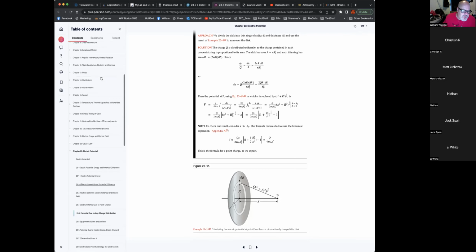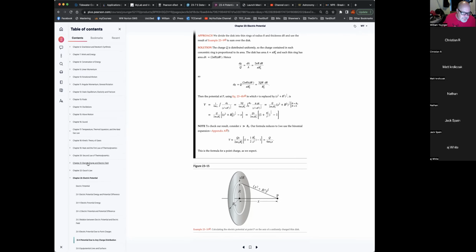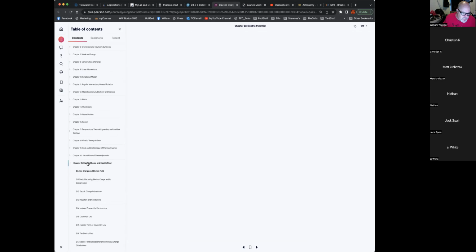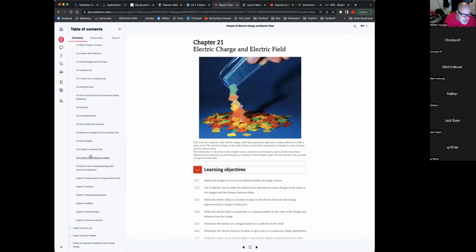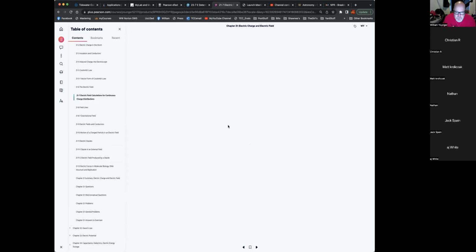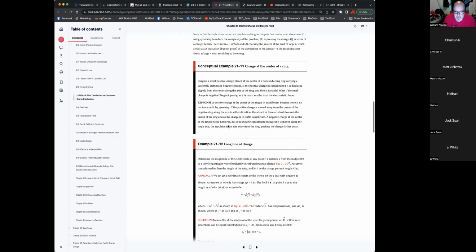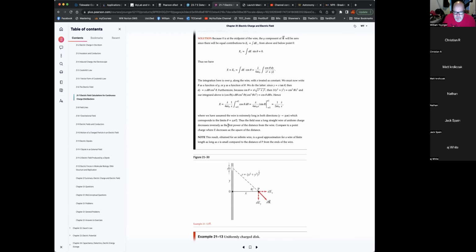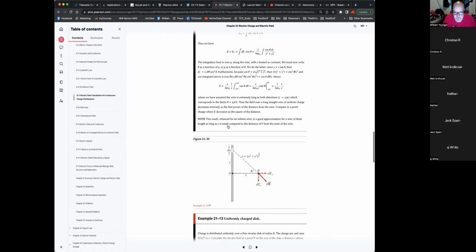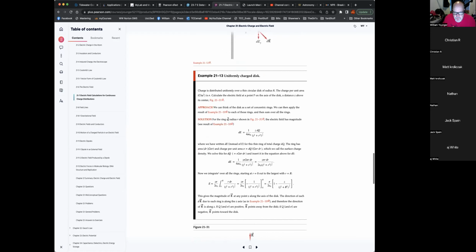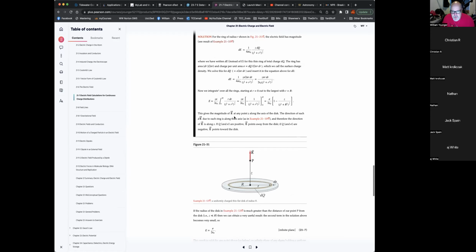Well, I can go back to chapter 21 again and go to my continuous charge distributions, which is there it is. Scroll down to this section. There's the ring we did a second ago. And here is the infinite, uniformly charged disk. There that is. And you see, they're actually framing it in terms of sigma.